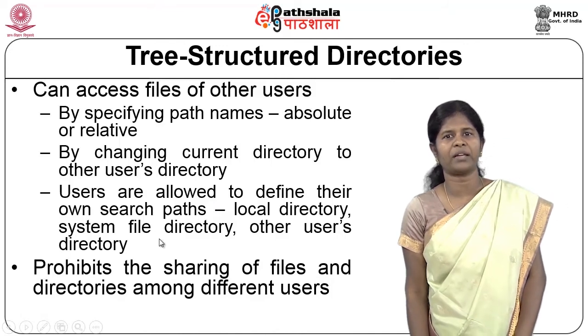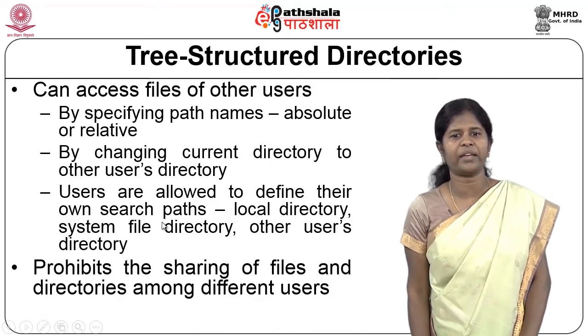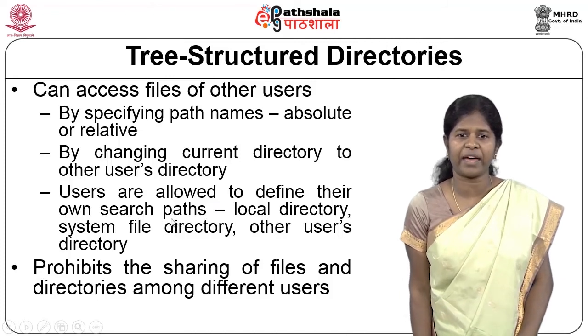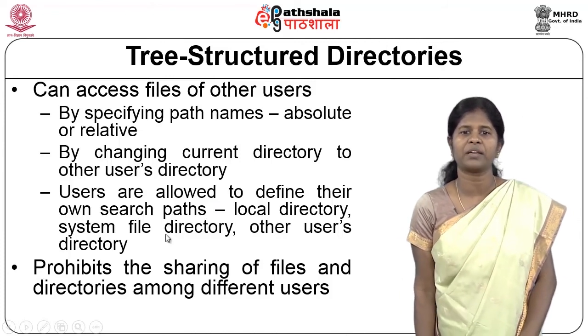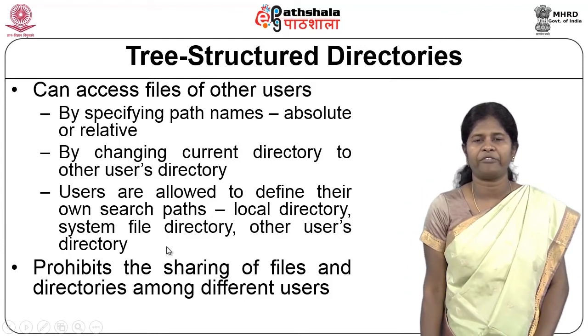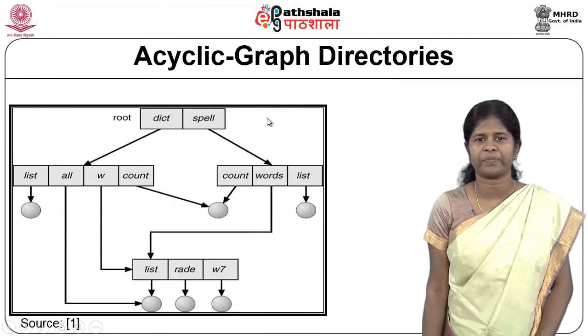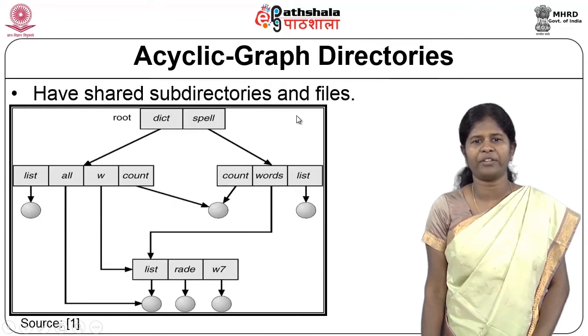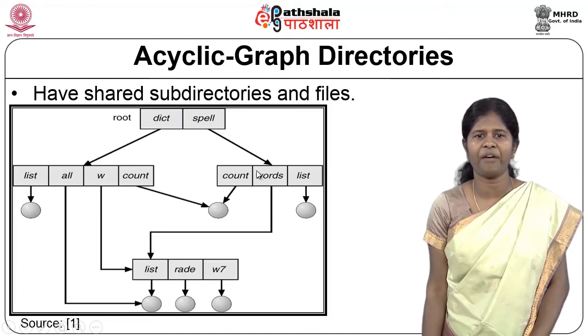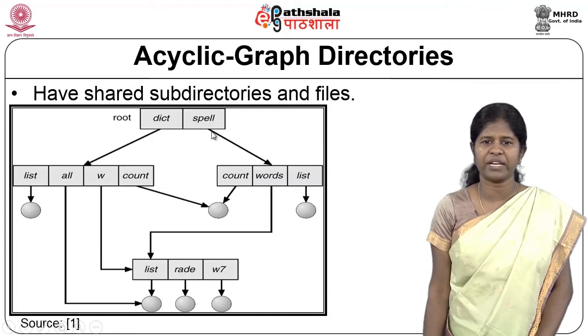But the problem here is that the tree structure directory does not allow the sharing of files and directories among different users. That is, one file may not be shared by different users. So, they came up with a different kind of structure called acyclic graph directories. Here you can have shared subdirectories and files.